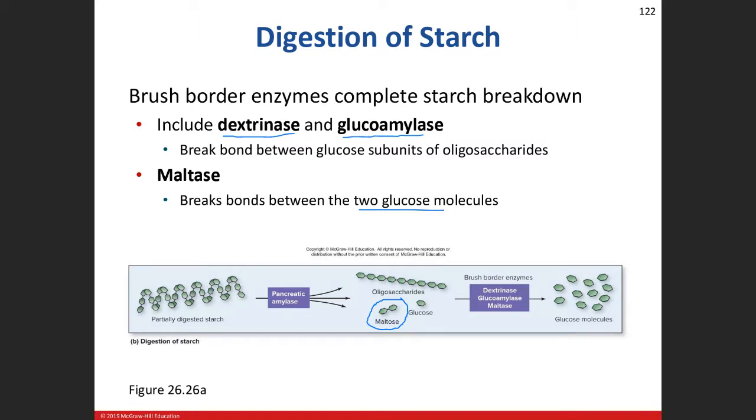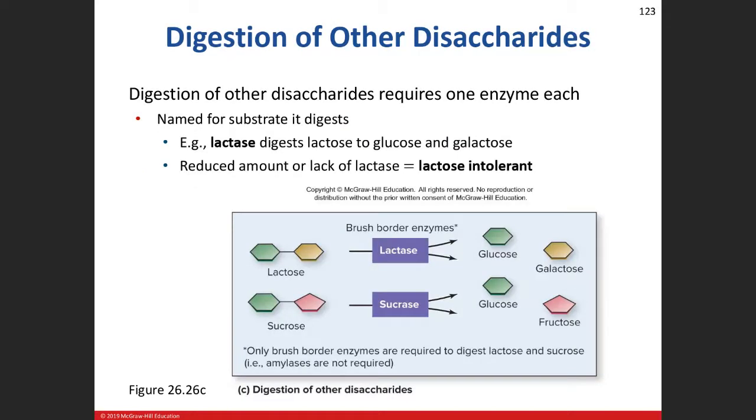Well, guess what? I've got a couple more enzymes to throw at you, but they're easy ones. Check it out. When we talk about the digestion of disaccharides, what's a disaccharide? Here are some of our disaccharides: two monosaccharides bonded to one another. When we're dealing with lactose, I told you it's glucose and galactose. We name the enzyme after the disaccharide, except we put ASE on it to tell you that it's an enzyme.